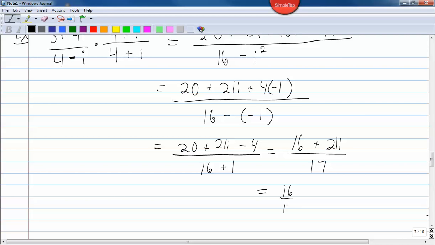So that's 16 over 17 plus 21 over 17 times I. Or you can think about it like 21i over 17. Either way is fine. Alright, so that's dividing complex numbers.